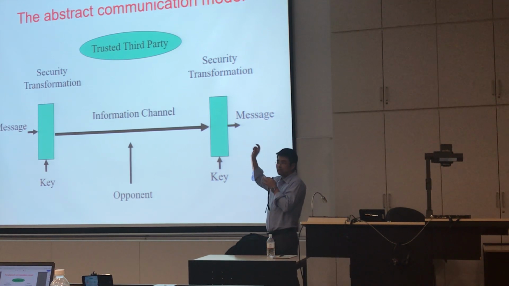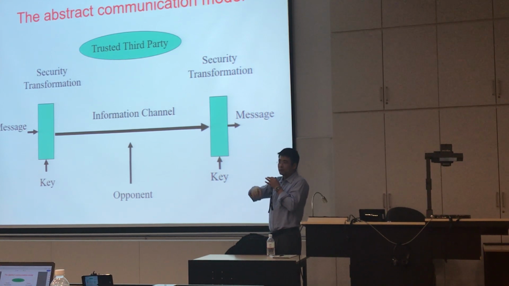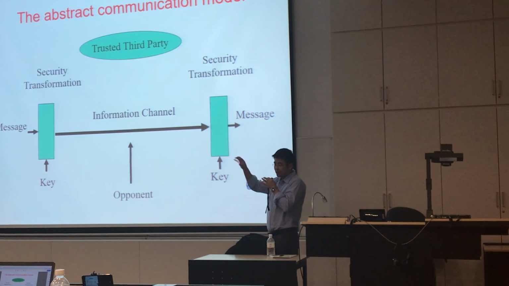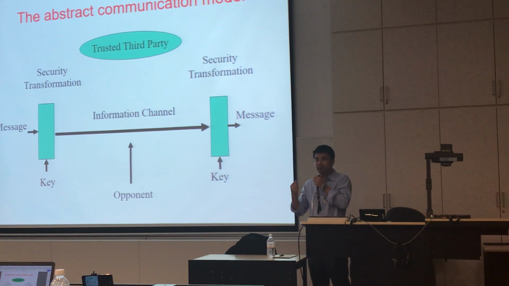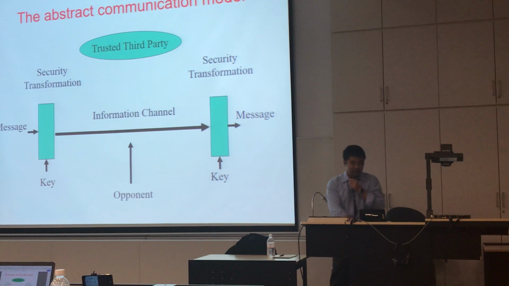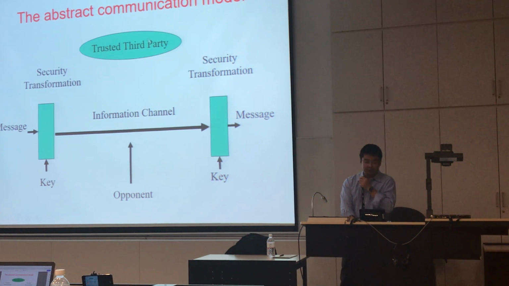You can let the Kerberos server help, because Alice has a password with the server, and Bob has a different password with the server, so the server can help them to establish a common key. In this case, the server is a trusted third party because the server actually knows the key. That means we must fully trust this server. We cannot assume the server is an attacker; we must assume the server is trusted.